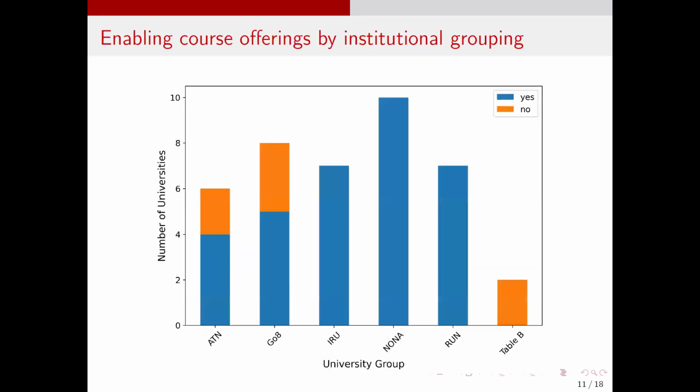Okay, now we wondered whether there were any patterns, anything that showed up amongst these groupings, because, you know, are they genuinely different? And so do they do genuinely different things with enabling and bridging? Well, the Table B universities don't offer enabling courses because they're not eligible for the government money. That's a simple one. Most of the others do.